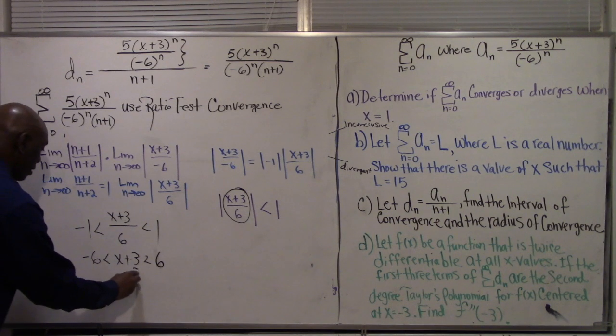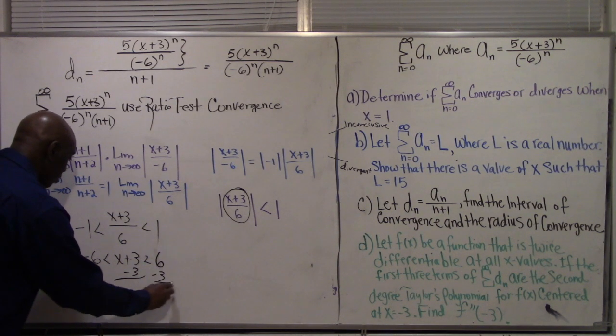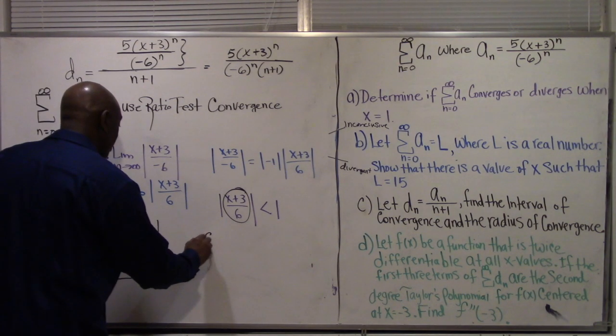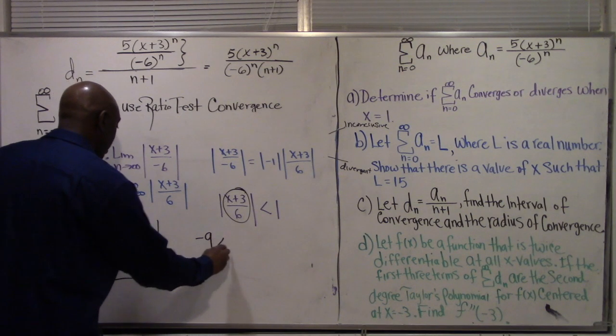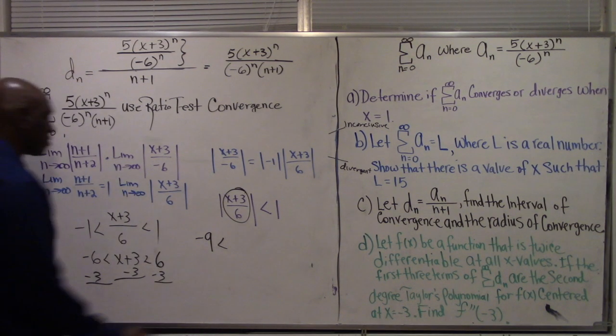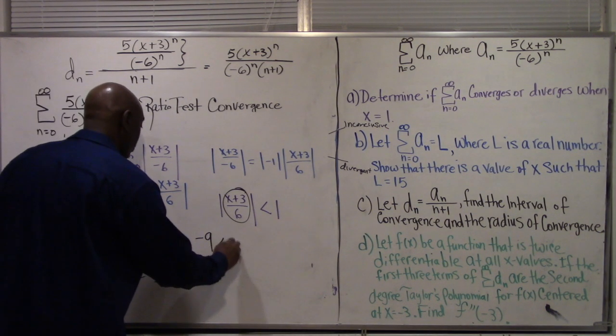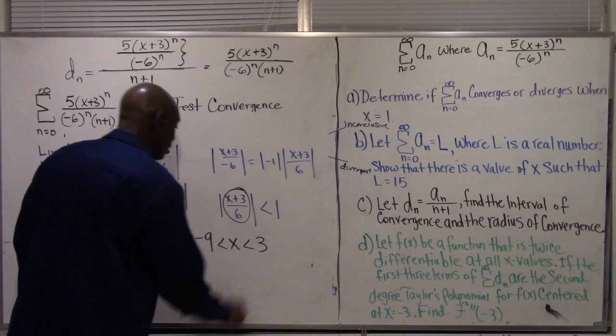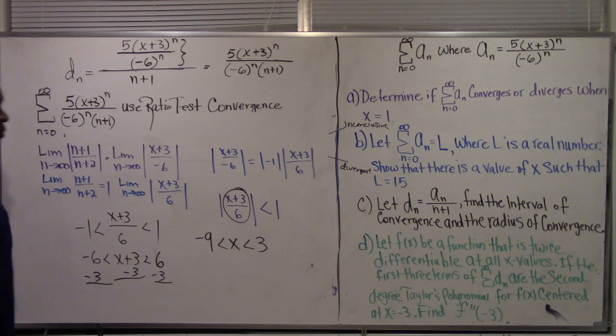Now subtract 3 from all sections: 3 from the left, 3 from the center, 3 from the right. So I'm going to have negative 9 is less than x, which is less than 3. And ladies and gentlemen, there you go.